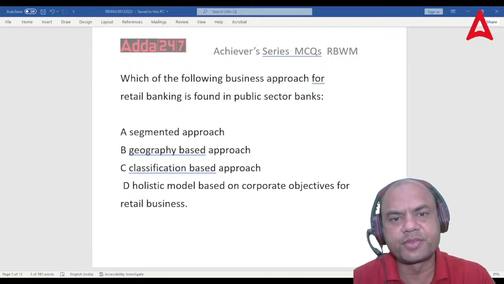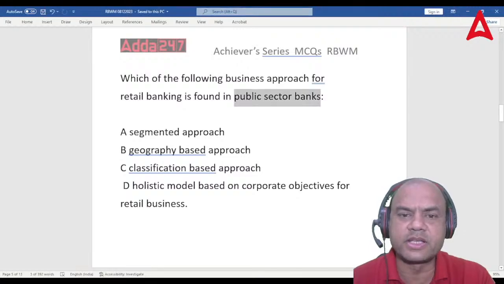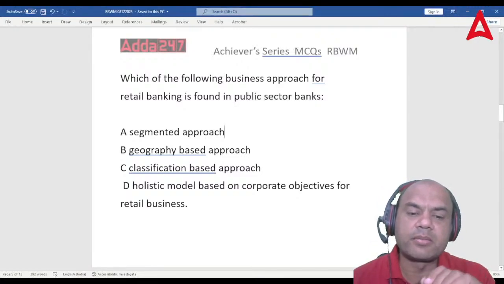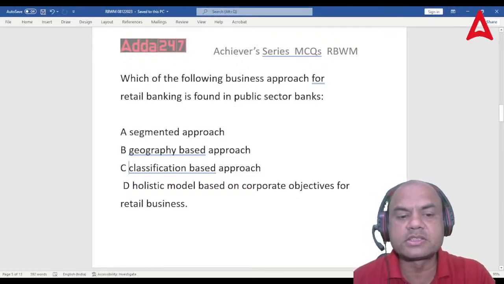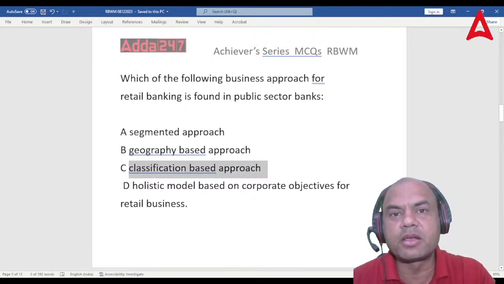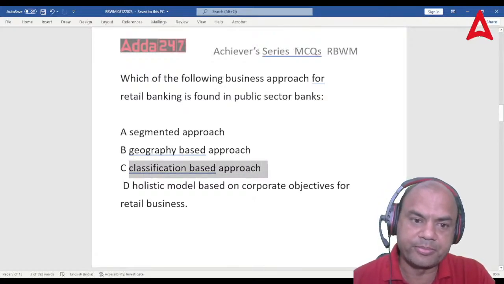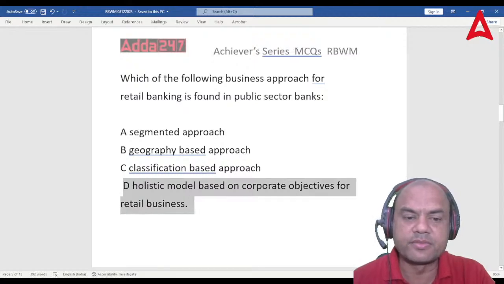Got the answer? Public sector banks, we generally feel that it is classification based, urban, semi-urban, rural, but it's not that. The real answer is this.